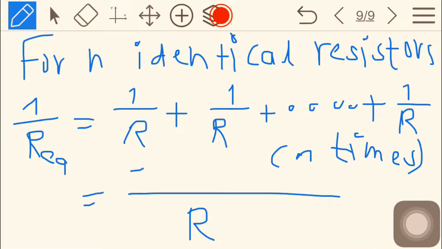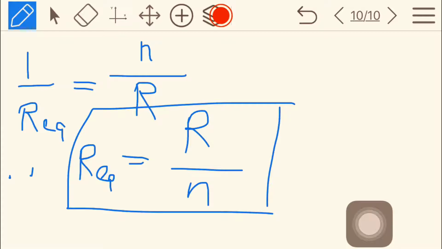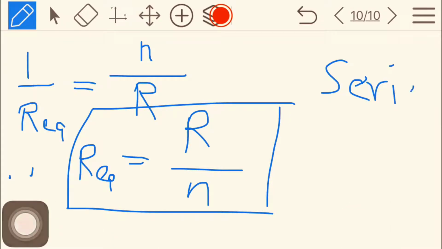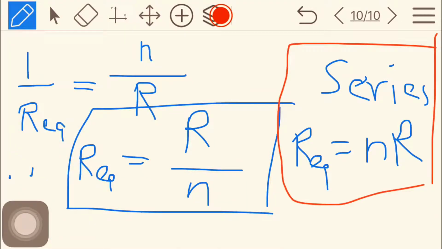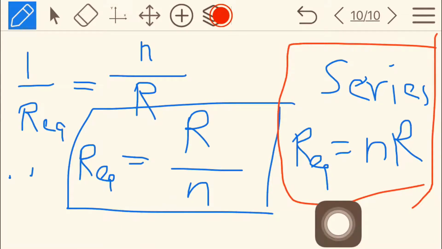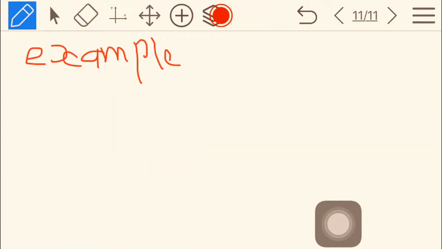Simplifying this, we get 1 by Req is equal to 1 plus 1 plus 1, n times, by R. Finally, we get the equivalent resistance Req is equal to R by n. This is in parallel, but in series combination, for identical resistors, we get Req is equal to n times R. So you can see the difference.